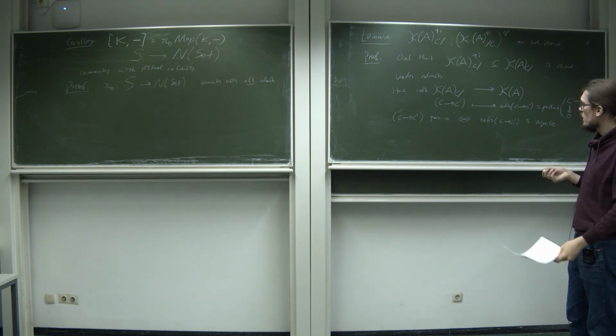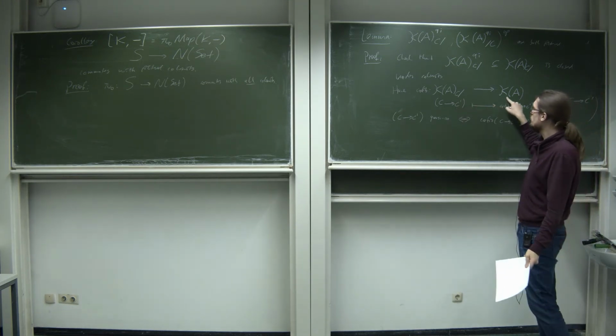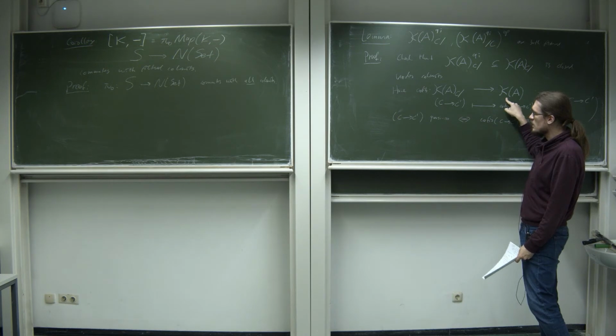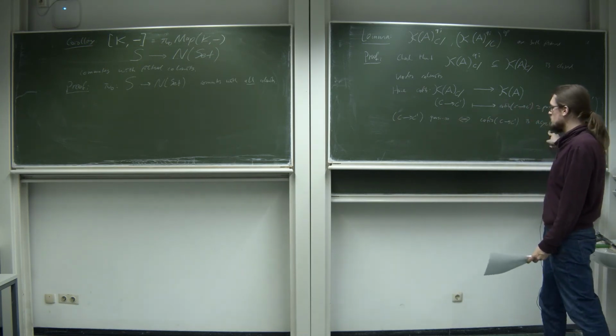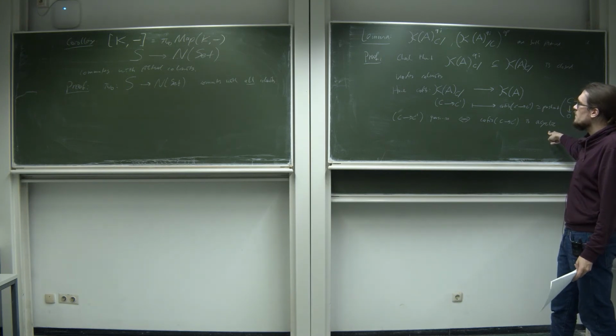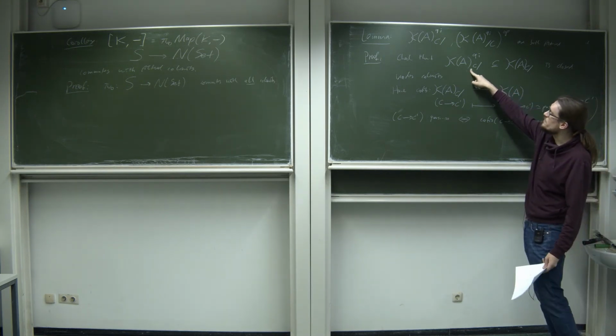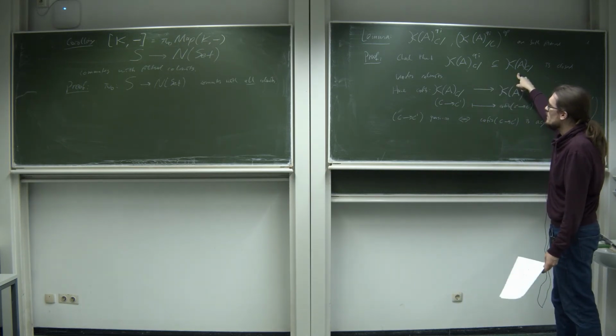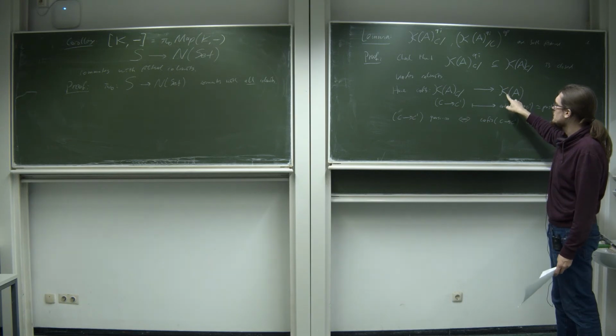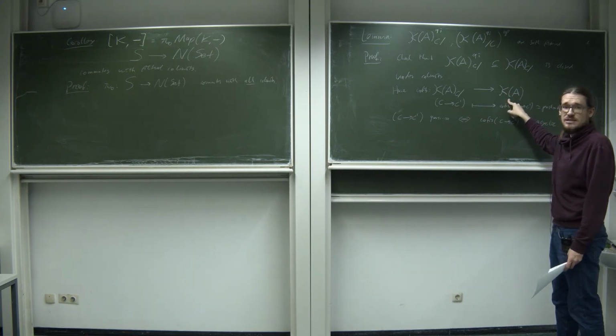So if you know that this functor preserves colimits and it somehow detects quasi-isomorphisms in this way, then our claim that the quasi-isomorphism objects are closed under colimits here amounts to checking that acyclic objects in K of A are closed under colimits.